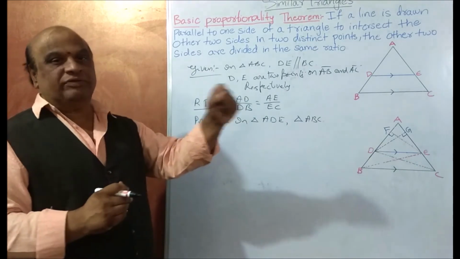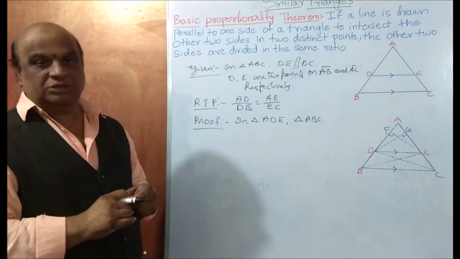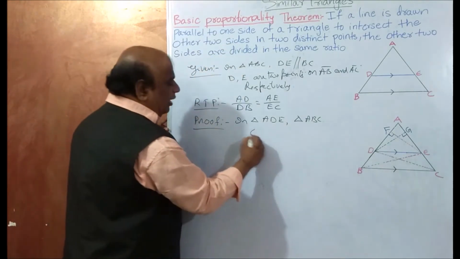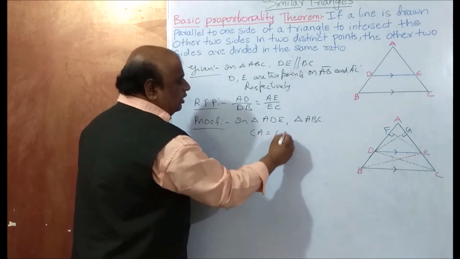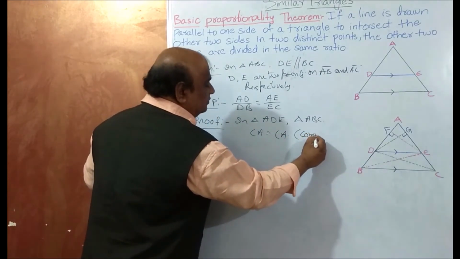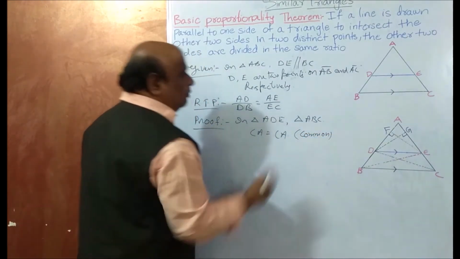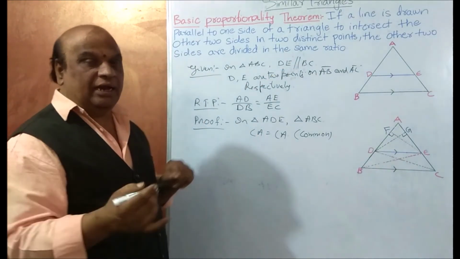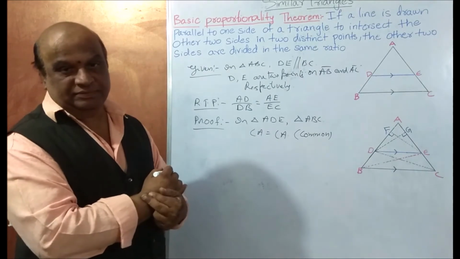Here AAA is very easy. It is possible. How? Angle A is equal to angle A. This is common. We have to mention the reason. In both triangles, ADE and ABC, A is common.